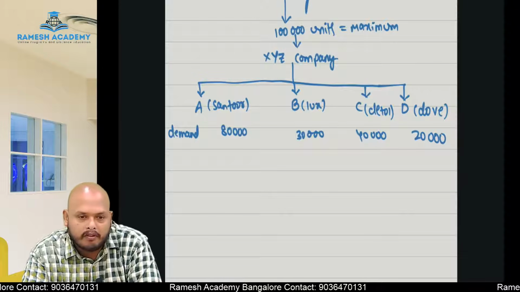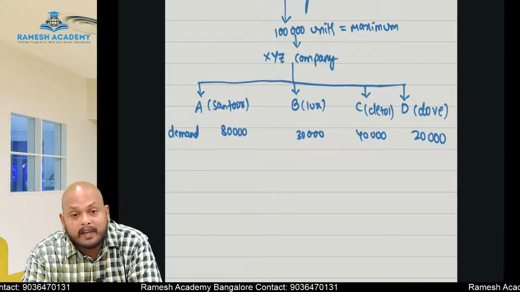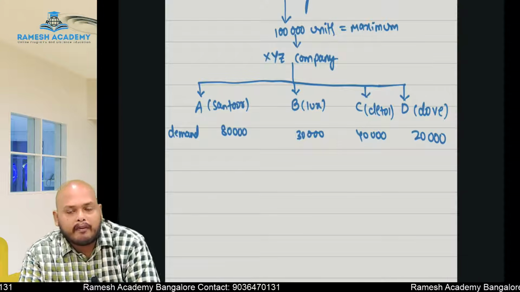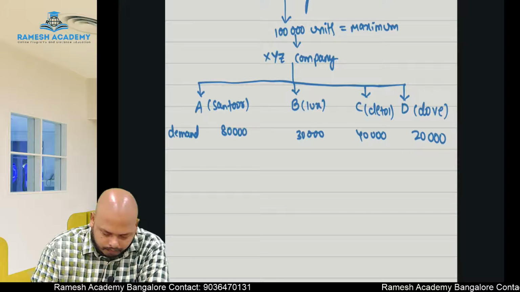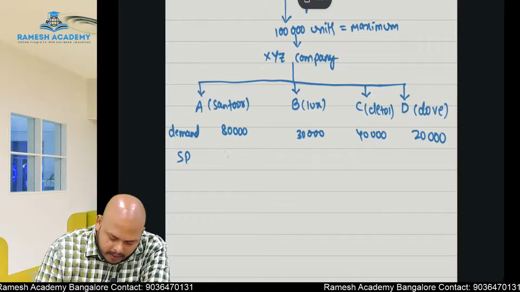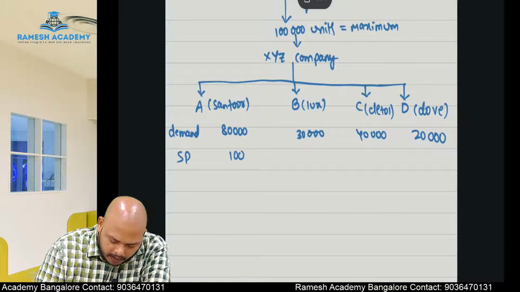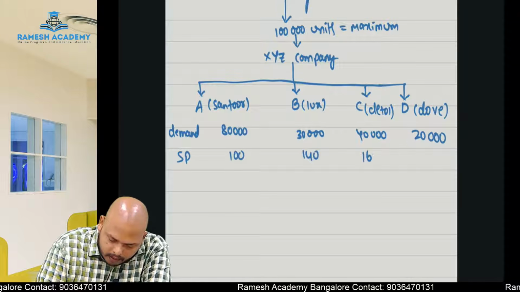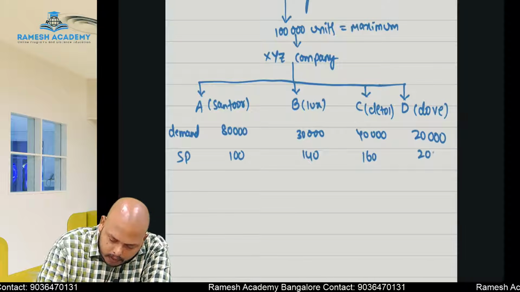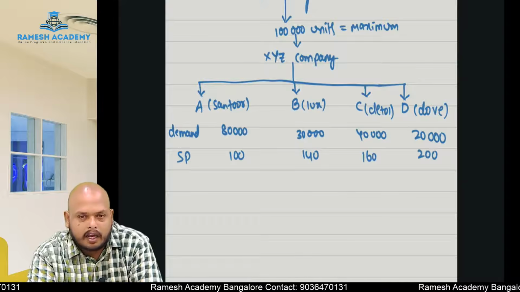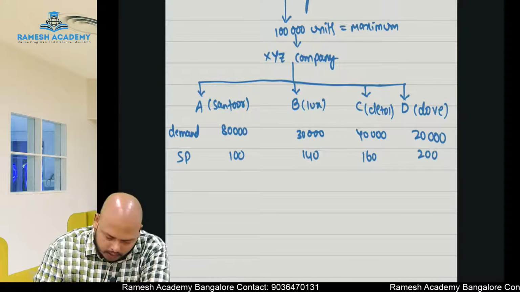For making such decisions, a cost accountant is required. How can we make a decision, sir? Simple. See here. Suppose the selling price for Santur soap is 100, Lux is 140, Dettol is 160, Dove is 200. The selling prices are like this: 100, 140, 160, 200.